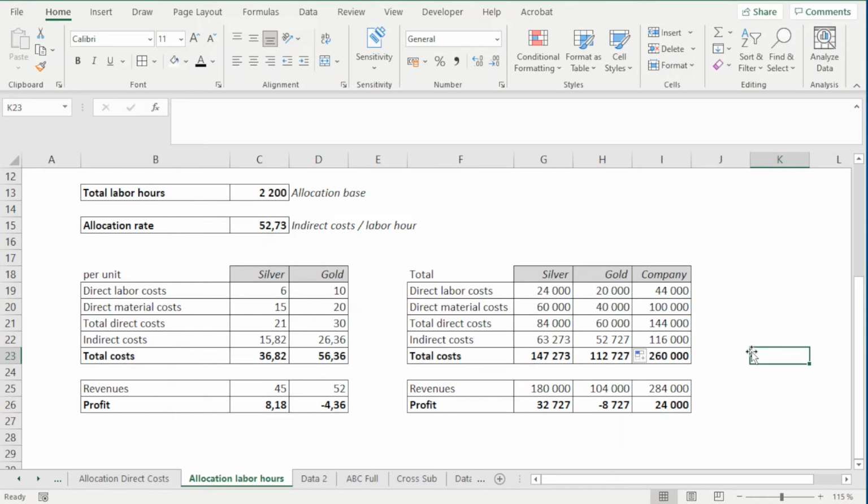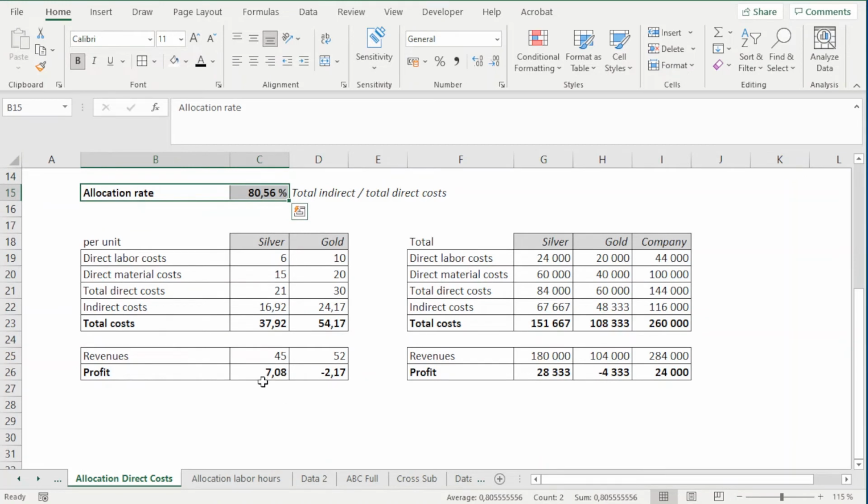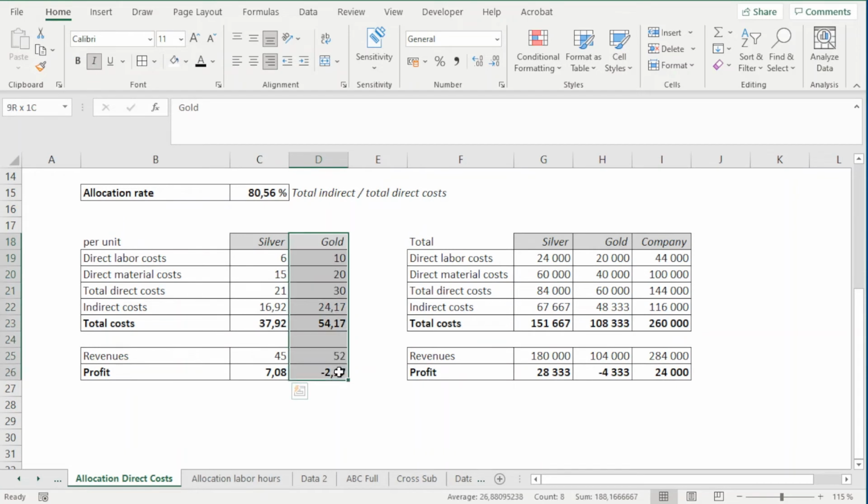And we can have a look at the difference here now. If you look at our first example, we had a profit on the first product, product silver, which was 7.08. And now actually this profit has increased. If you look at the second product, our product gold, then we saw a loss of 2.17.